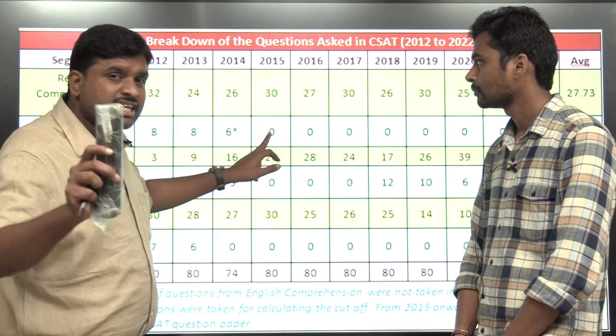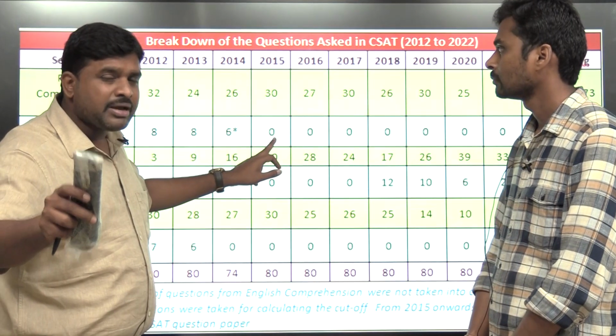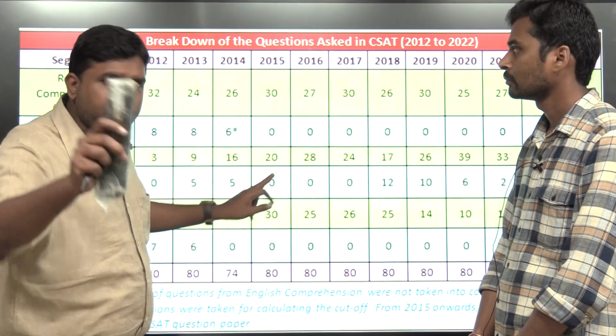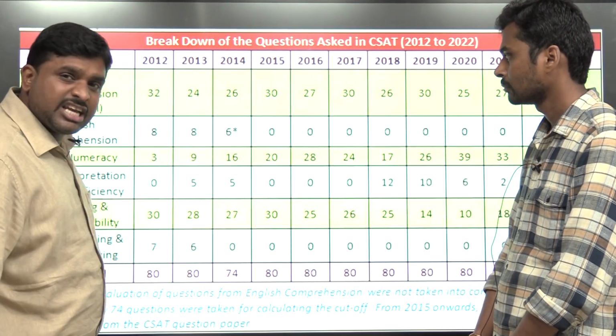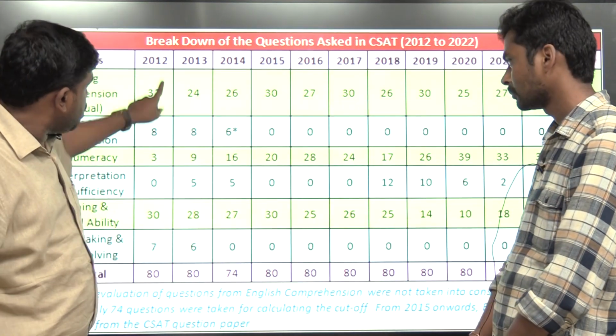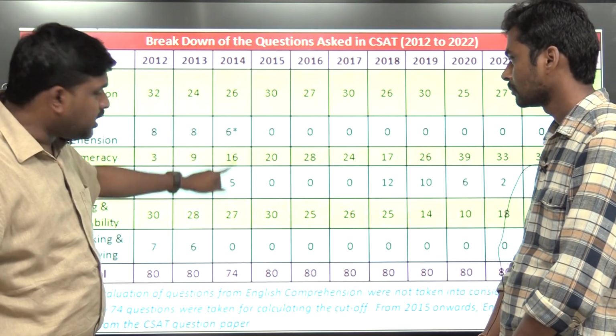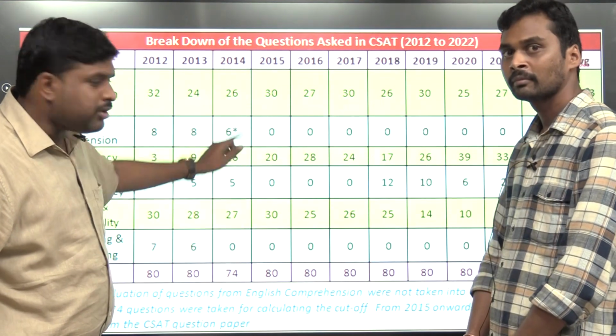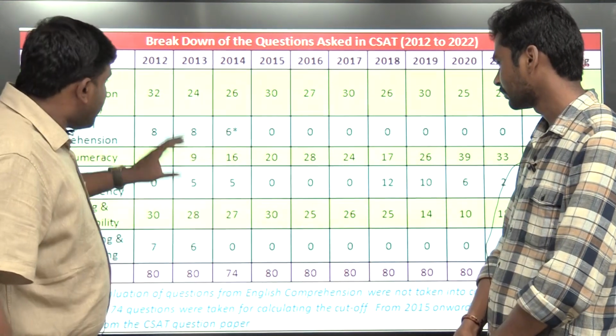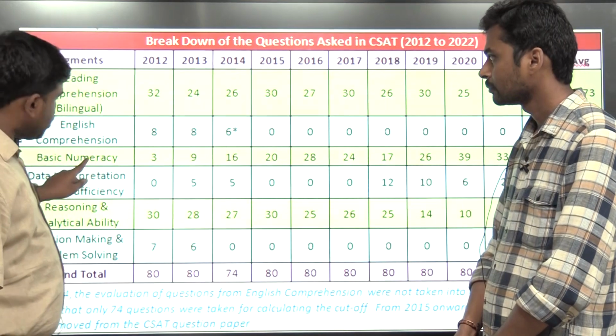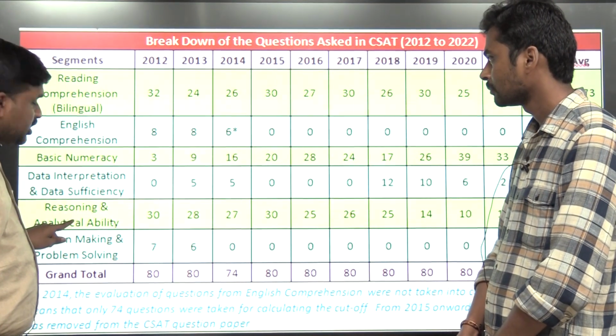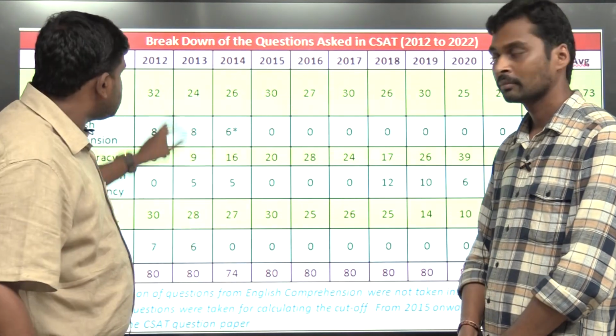From 2015 they stopped asking English comprehension passages. At the same time they also stopped decision making and problem solving: 7 in 2012, 6 in 2013, but from 2014 onwards it is 0. But at the same time the basic numeracy, data interpretation and reasoning questions have increased.